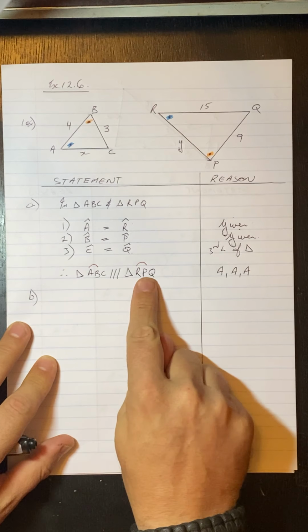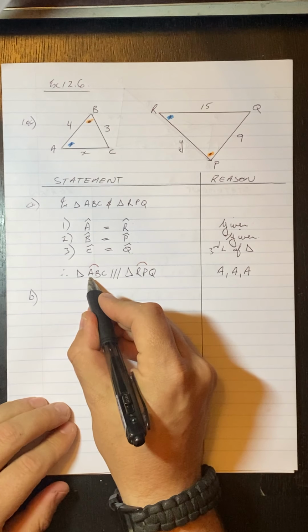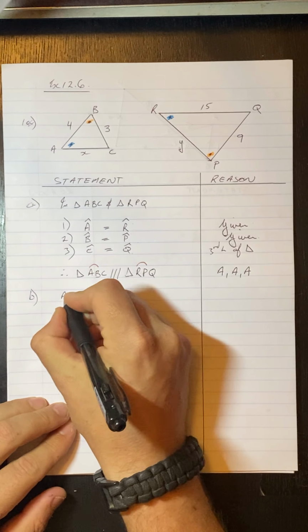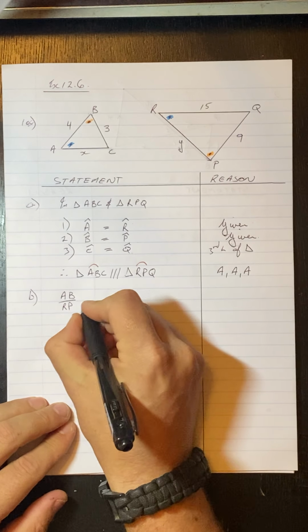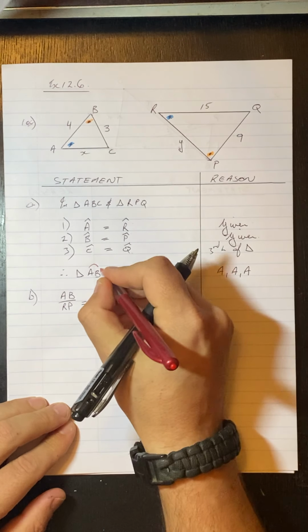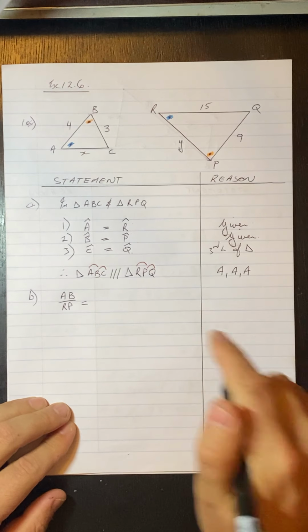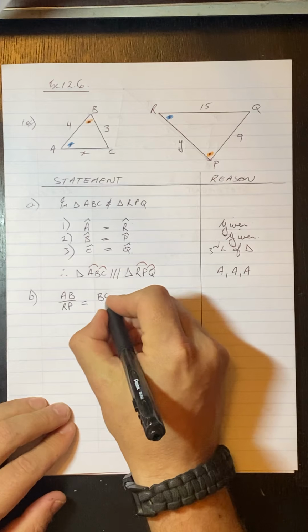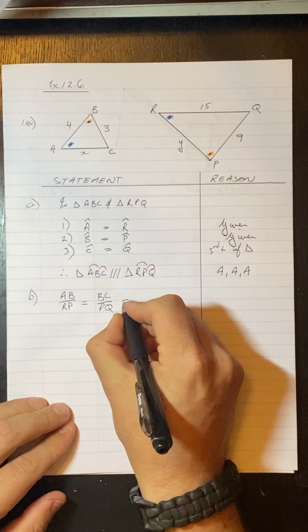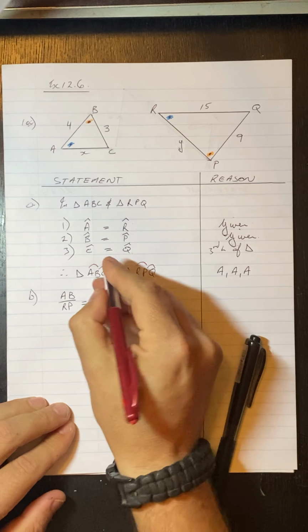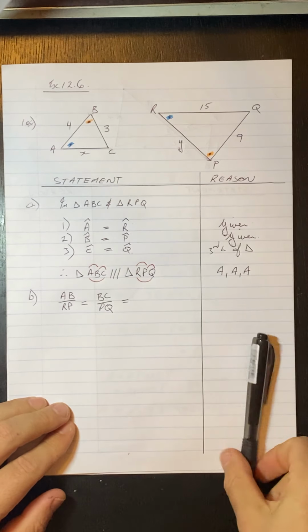That's why it's very important to get this part right, because you get your proportions coming out there. So we know that it's going to be AB over RP will be equal to, let's do the next hop, that over that and that over that. So BC over PQ equals, do our last hop, AC over RQ.